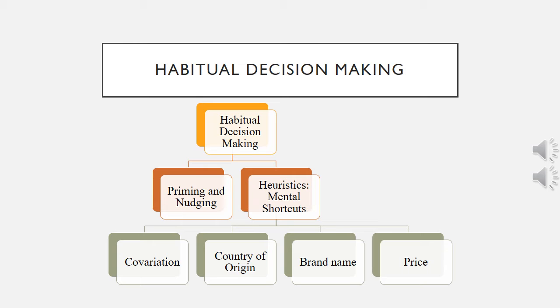While for heuristic or mental shortcuts, this is where people rely more on various mental shortcuts such as brand names or price, or they might simply imitate others' choices. We may use heuristic or mental rules of thumb to simplify our decision making. In particular, we develop many market beliefs over time.